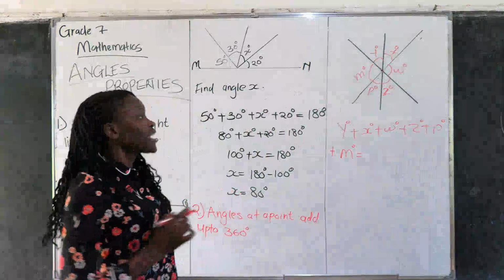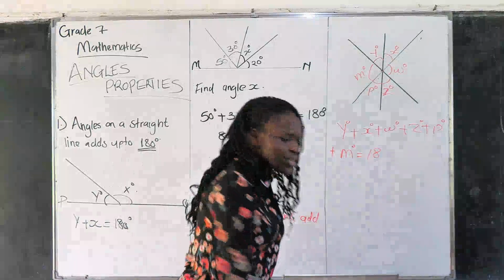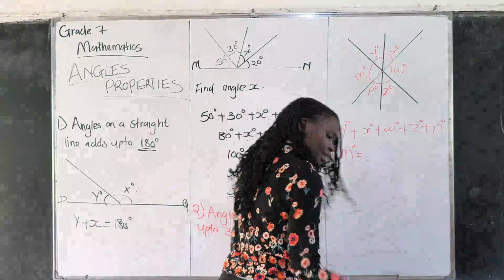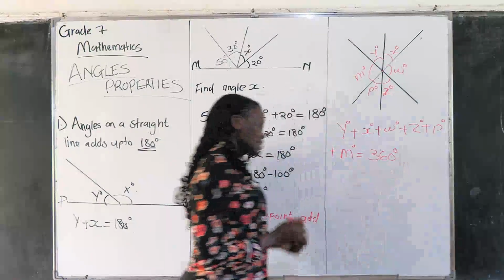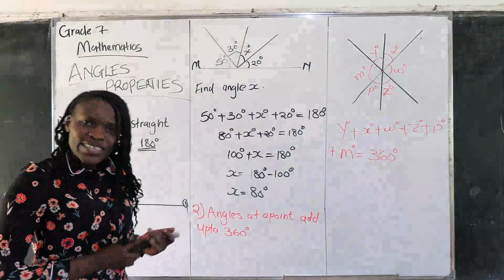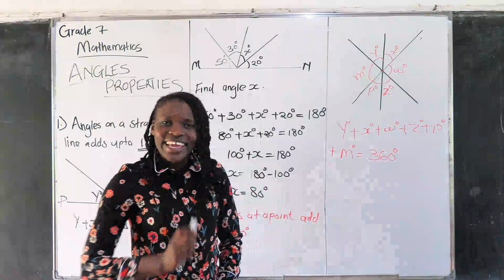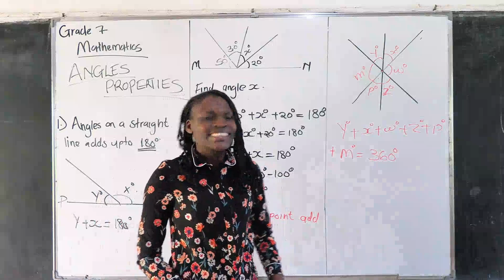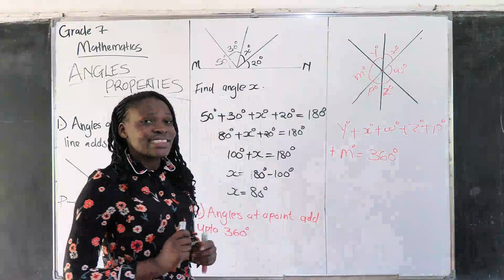All those, if I add them, they should give me 360 degrees. So we say angle at a point add up to 360 degrees.